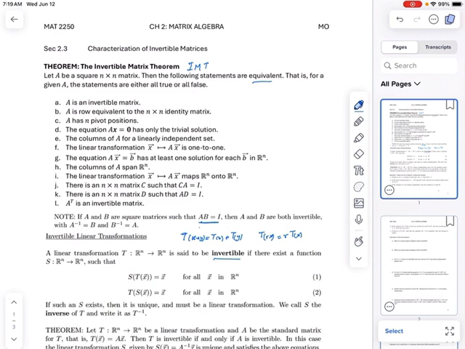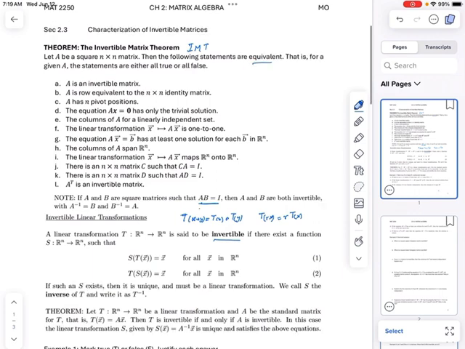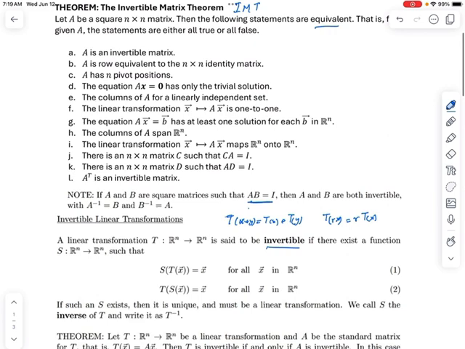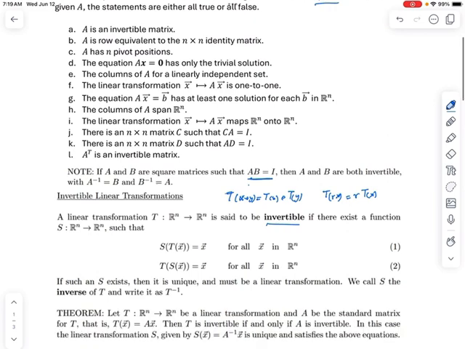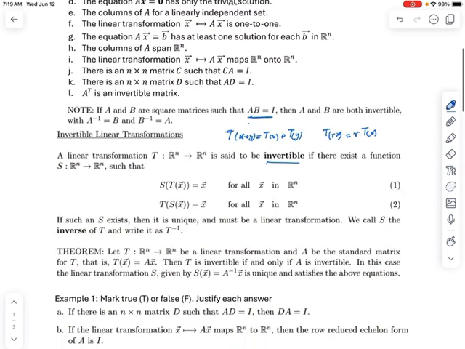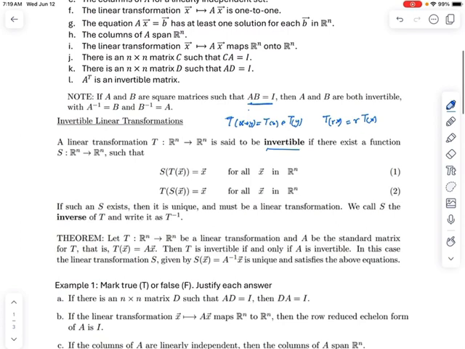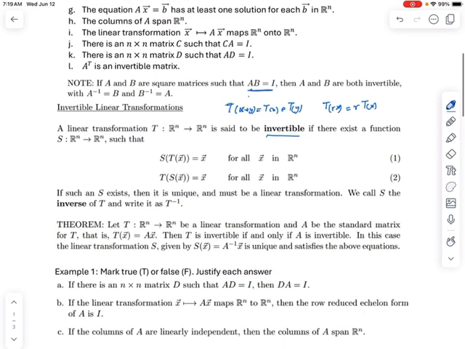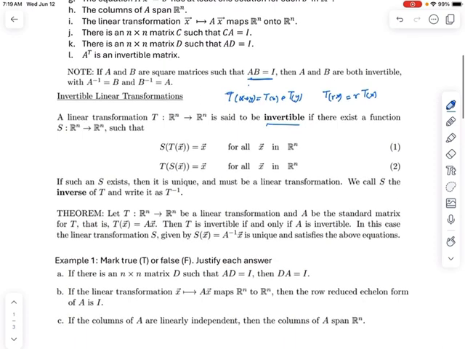Next, another theorem. Let T from Rn to Rn be a linear transformation and A be the standard matrix for T, that is, T of x is equal to A times x. Then T is invertible if and only if A is invertible.